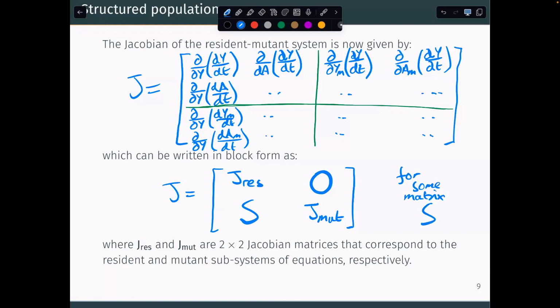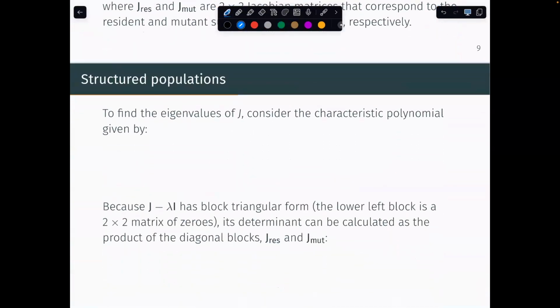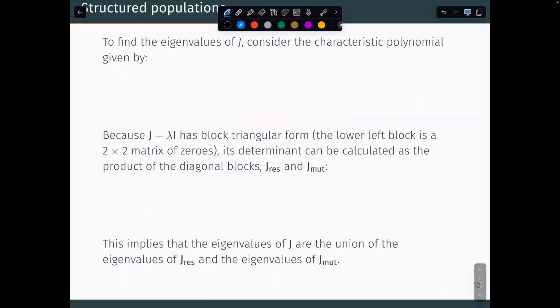So we can write this in block form, where each of these matrices are just the ones correspondingly above. So this is in block form. Okay, so we want the eigenvalues again. Yes. Sorry, that 0 is just a 0 matrix. Yes, that's a 0 matrix, yeah. So it's a 2x2 0 matrix.